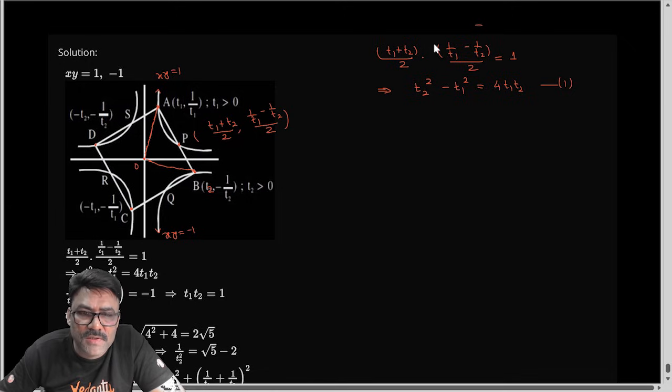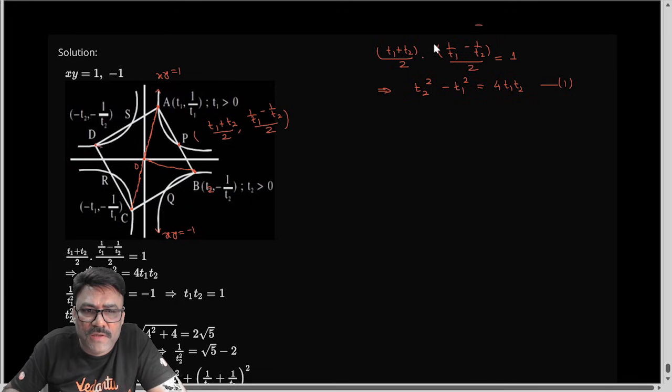The center of the square means the origin is the point of intersection of the diagonals. This AC diagonal will pass through the origin just by symmetry, and this BD diagonal also passes through the origin. So of course we can say that this angle is a right angle here. Diagonals of a square are always perpendicular.